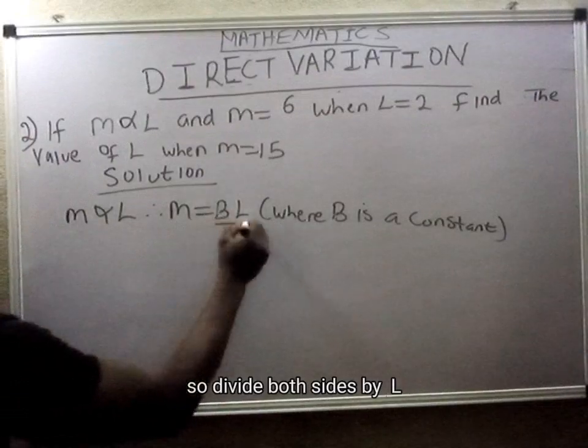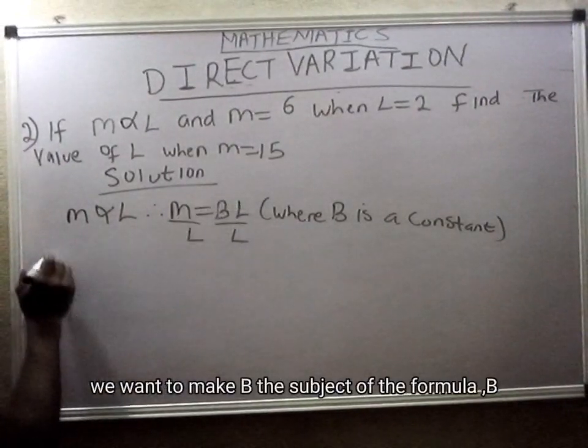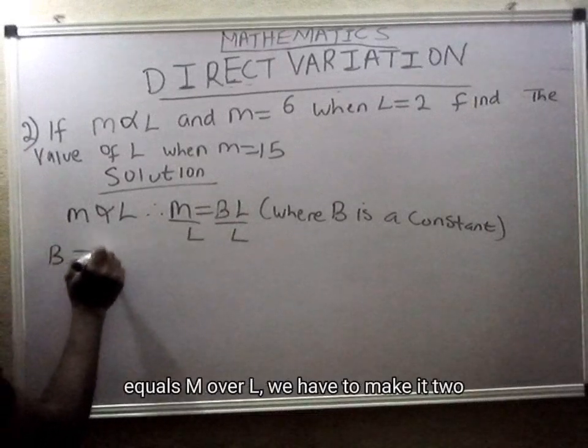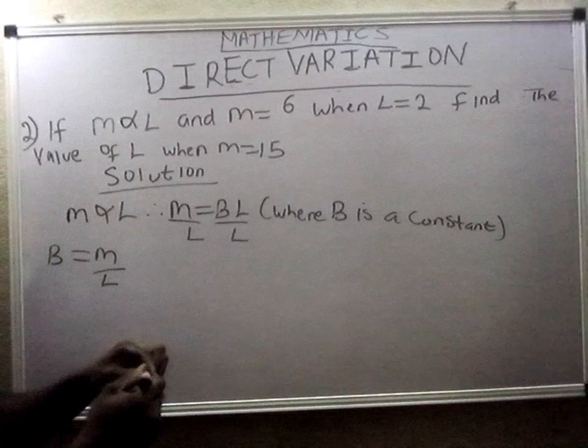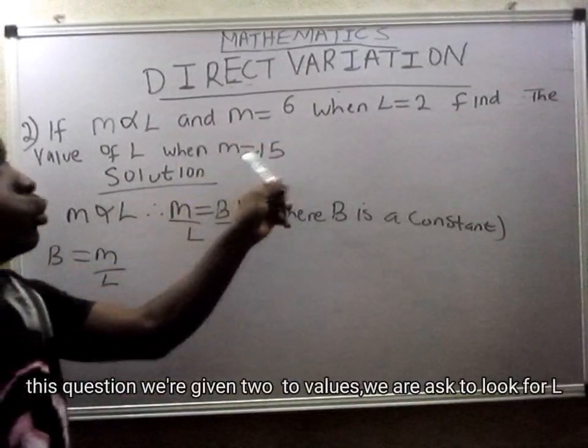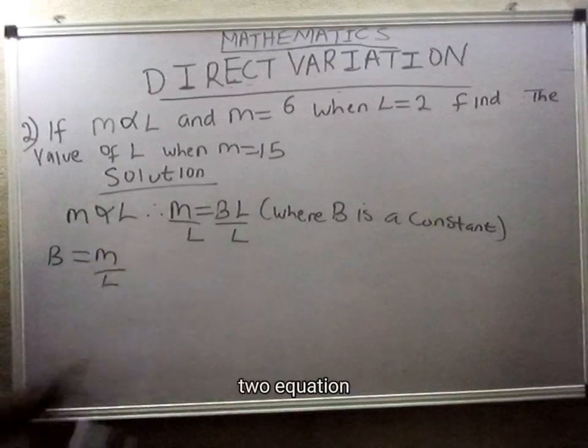So divide both sides by L. We want to make B the subject of the formula. So B equals M over L. Right now, but in this question, we are given two values. We have to look for L. So let's have two equations.